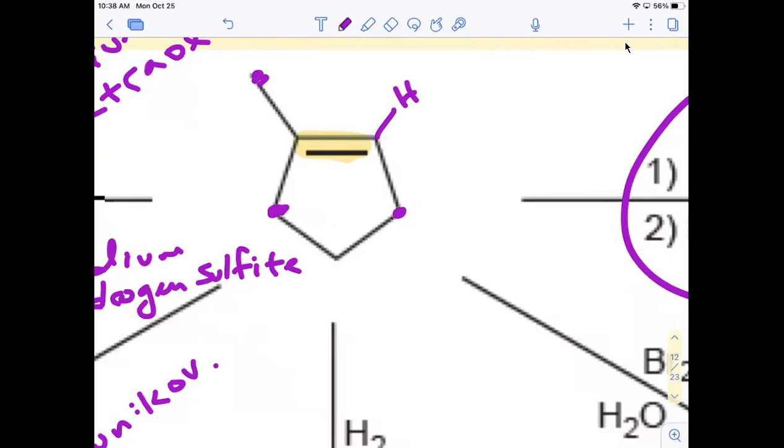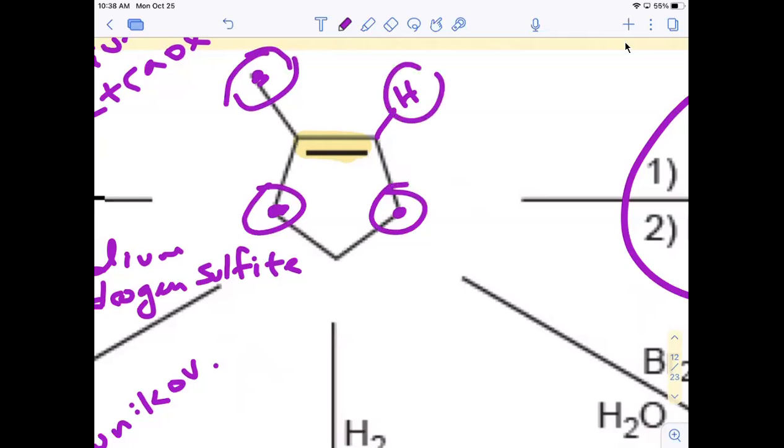You're looking at each carbon in the alkene separately. So on the left side, you have 2 carbons, here and here, and on the other side, you only have 1 carbon there. And the other substituent is hydrogen. Okay.